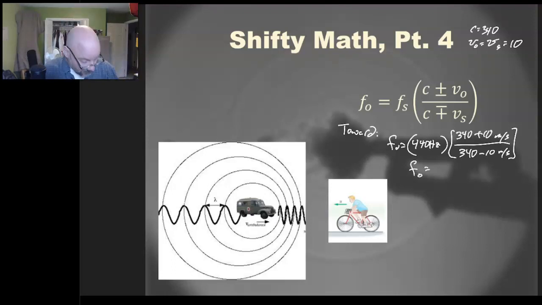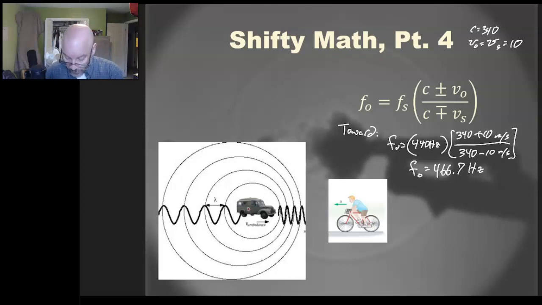So we get a double effect, and what we get here is 466.7. It makes quite a difference. We're getting twice the effect. The wavelength is compressed by the source, plus the period is shorter according to the observer.